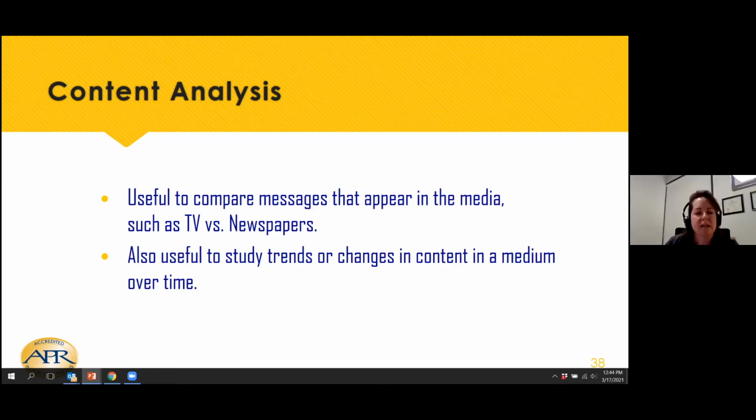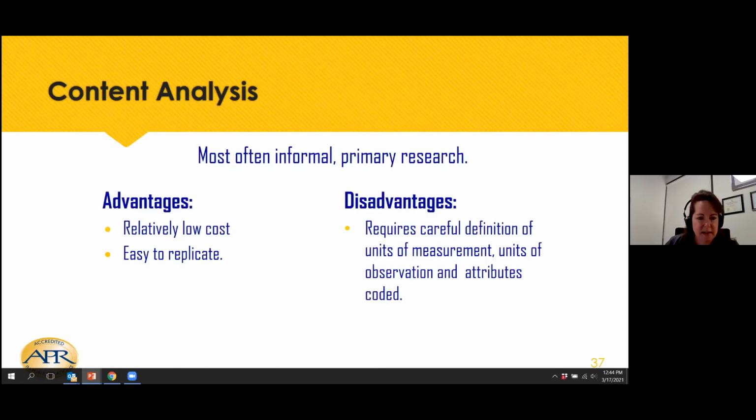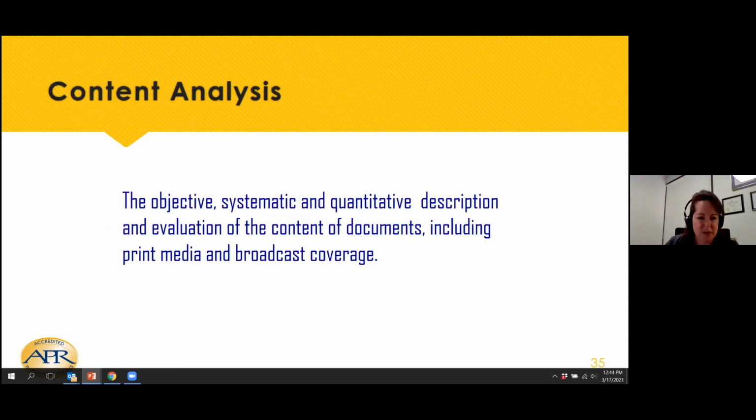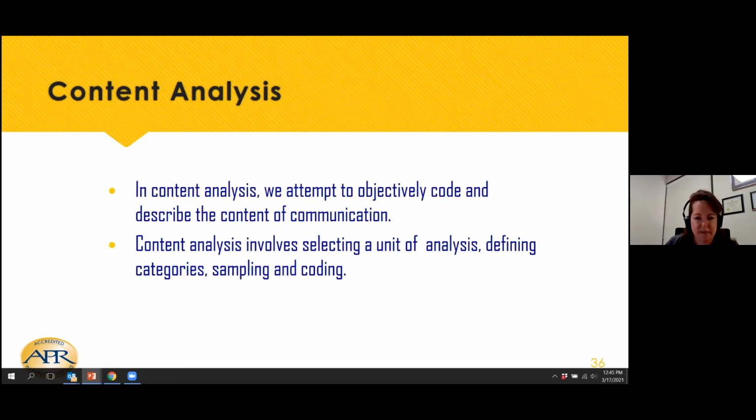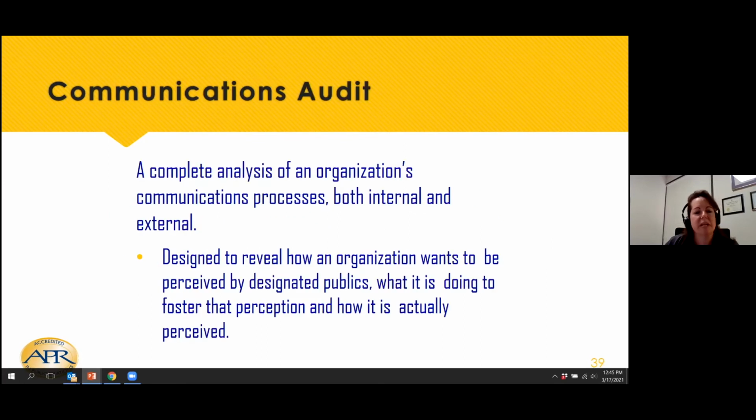Okay. So content analysis, again, just to be sure, is the objective, systematic, and quantitative description and evaluation of the content of documents, including print media and broadcast coverage, whereas your communications audit is a complete analysis of an organization's communication processes, both internal and external.